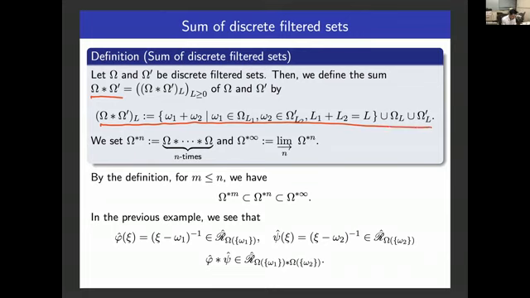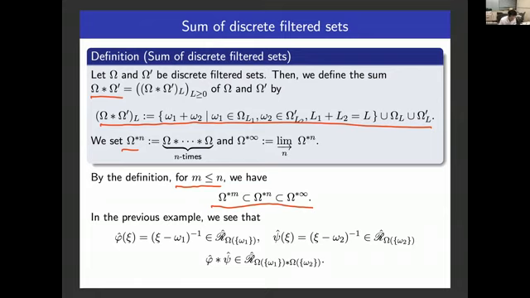We write Ω^⋆n for the n-fold sum of Ω, and Ω^⋆∞ is the inductive limit of Ω^⋆n. Since the Ω^⋆n form an inductive system, we can define the inductive limit, and we can confirm that Ω^⋆∞ also defines a discrete filtered set. By the definitions, for m and n, we have this relation.